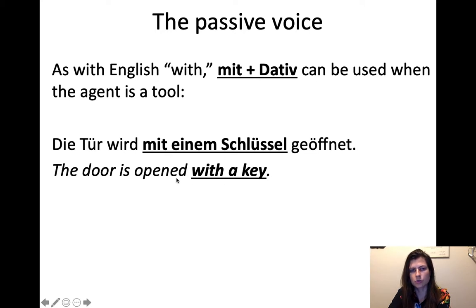So if it's a tool or an instrument, you can also use mit einem Schlüssel. But it's optional to just leave that out. You could also say, die Tür wird geöffnet. The door is opened. You just say it's a statement that the door is being opened by someone. It doesn't matter who. By someone or something. It doesn't matter who or what.